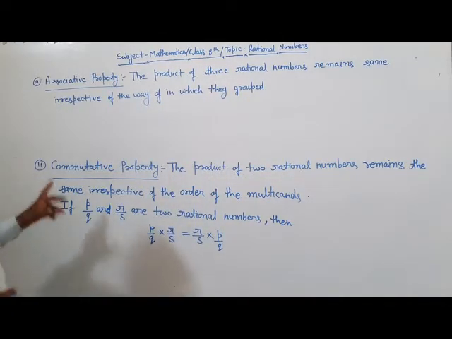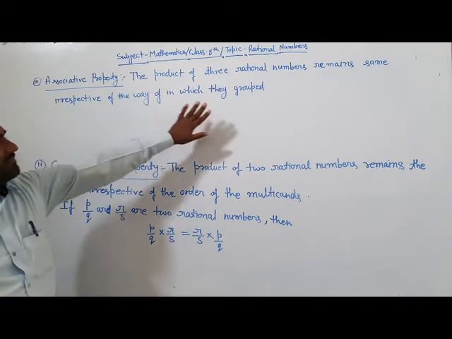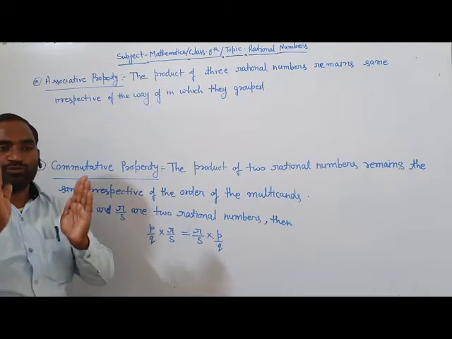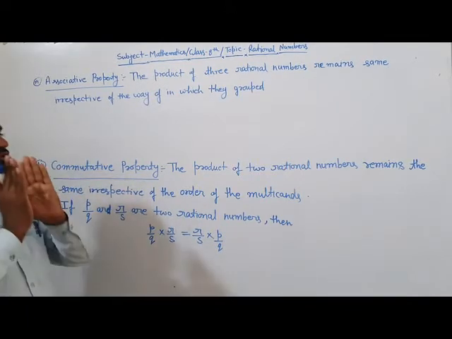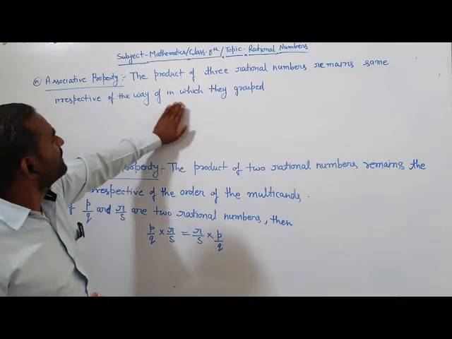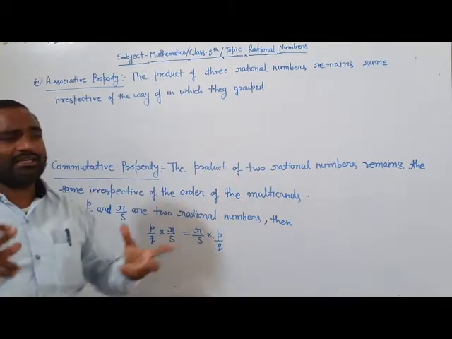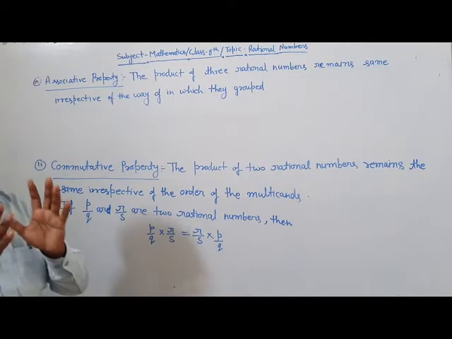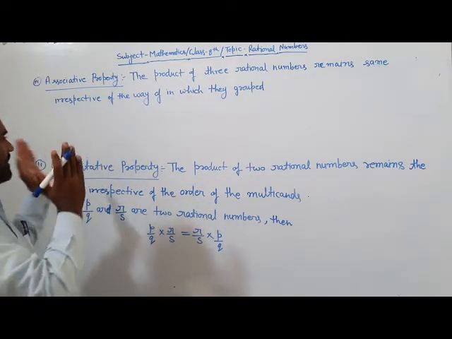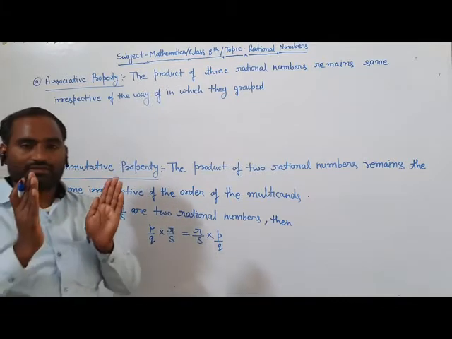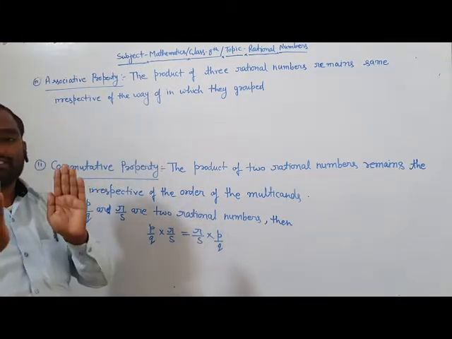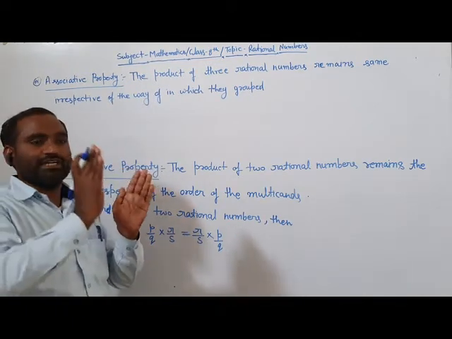In this property, the product of three rational numbers remains the same, irrespective of the way in which they are grouped. Either group the first and second number first, or multiply the first rational number into the product of the second and third.